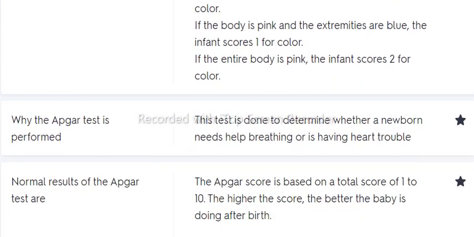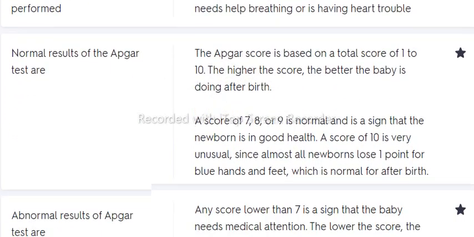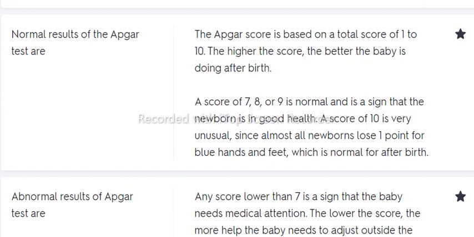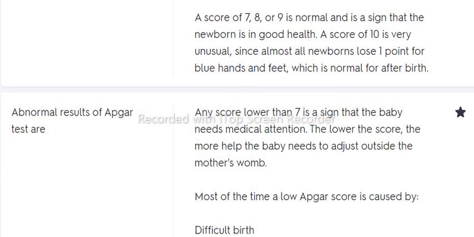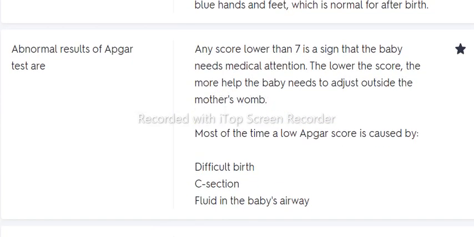Why the Apgar test is performed. This test is done to determine whether a newborn needs help breathing or is having heart trouble. Normal results of the Apgar test are... Abnormal results of the Apgar test: any score lower than 7 is a sign that the baby needs medical attention. The lower the score, the more help the baby needs to adjust outside the mother's womb.